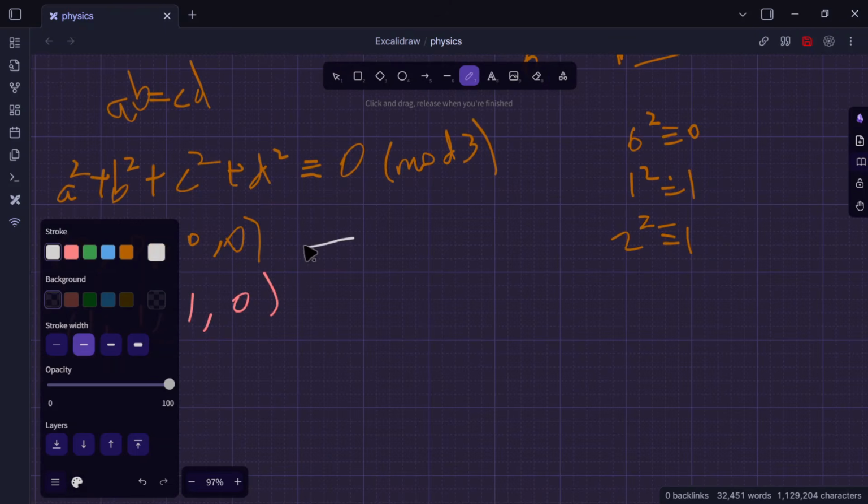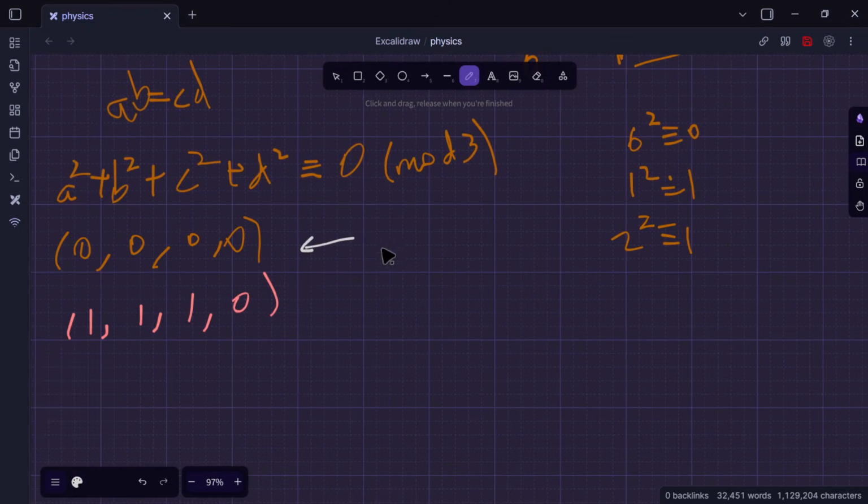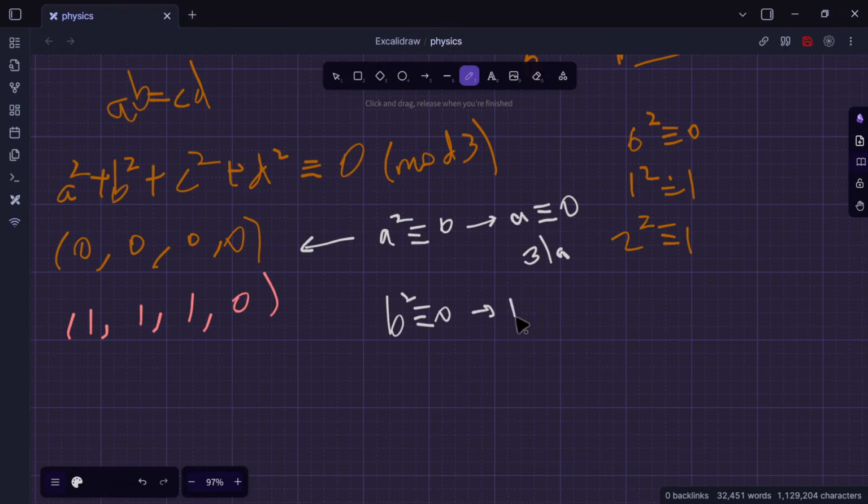Now there's an issue with the case where all of them are 0 mod 3. Why? Because A squared congruent to 0 mod 3 means that 3 divides A, and B squared congruent to 0 mod 3 means that 3 divides B. However, we know that A by B is a fraction in the lowest terms, so this can't be possible because GCD of A comma B is supposed to be equal to 1.